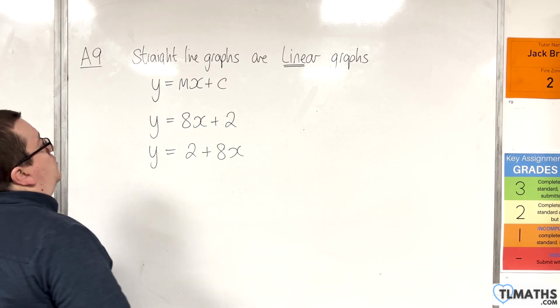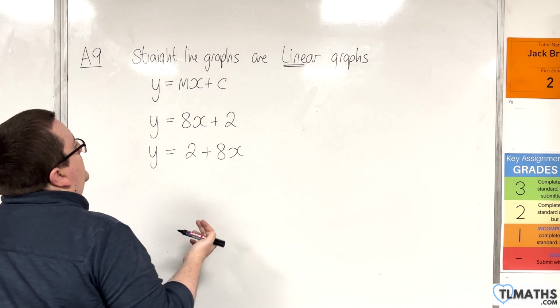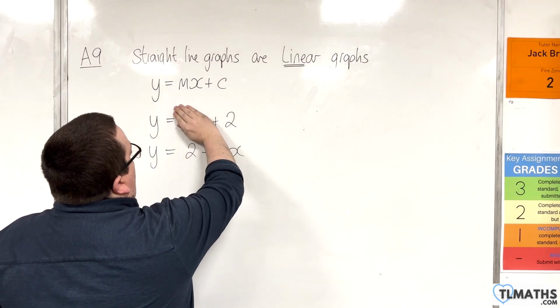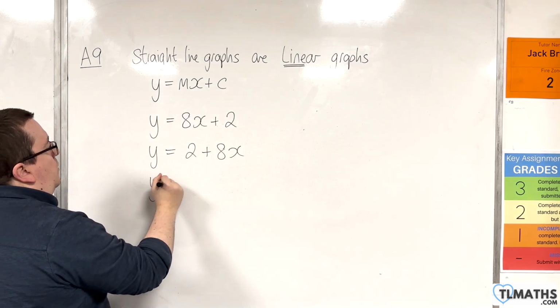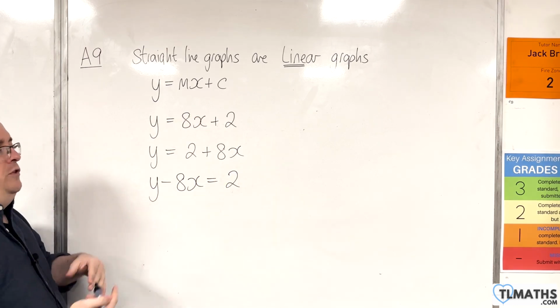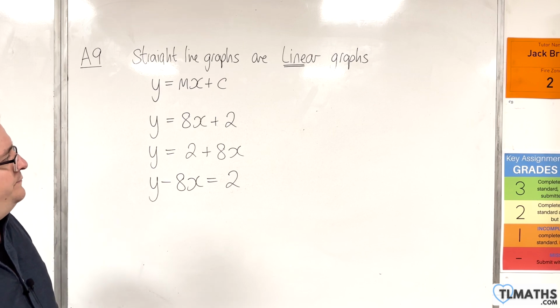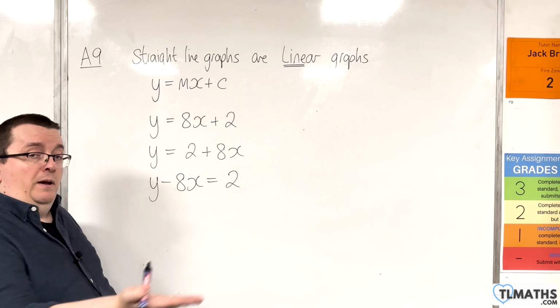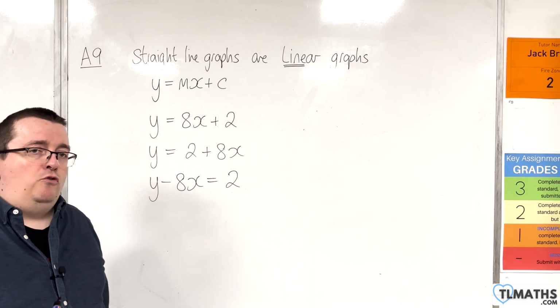I could also subtract 8x from both sides. Now if I subtract 8x from the right hand side, I've got to do the same with the left hand side. So I would subtract 8x from the left hand side, and I'd be left with 2 on the right hand side. So all I've done is rearrange the equation, and that's perfectly fine. That represents exactly the same graph.